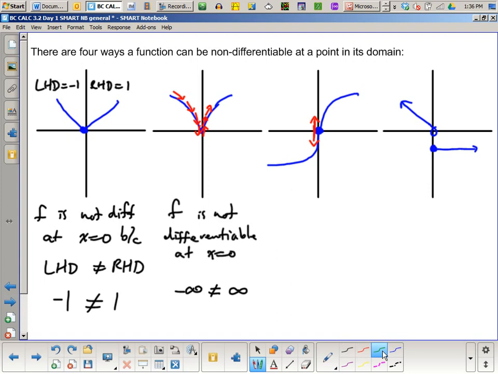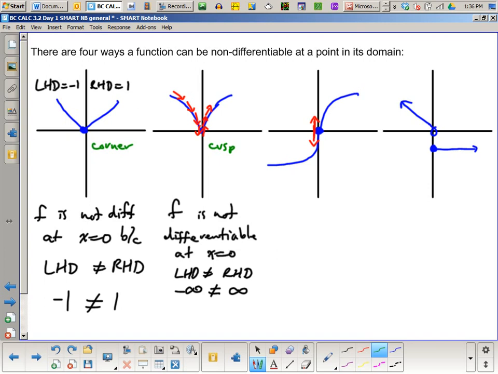Okay, these two are very, very similar. They're both because the LHD doesn't match the RHD. Okay, this is called a corner, and this is called a cusp. The only difference is that one of them is 2 non-equal numbers, and the other is an infinity case, but they're not the same direction.